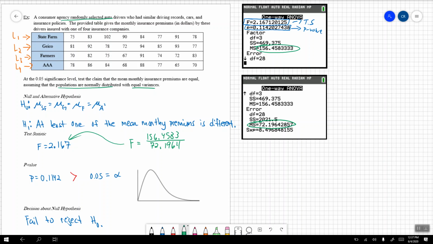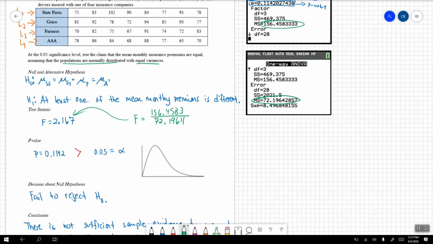Certain types of software don't give you the test statistics. Certain types of software only give you the mean square of the error or the mean square of the factor, and you then have to do the manual computation yourself. Again, not all software gives you p-values, which means if you don't know the p-value but you do know everything else, then we can still find that p-value.